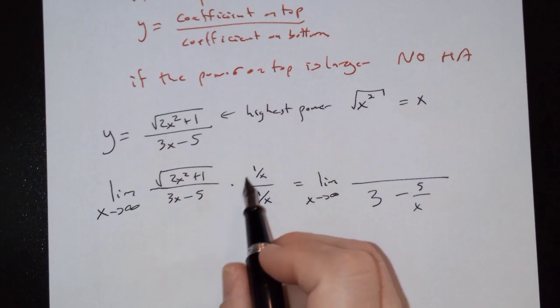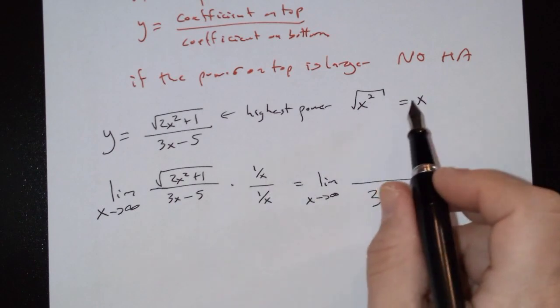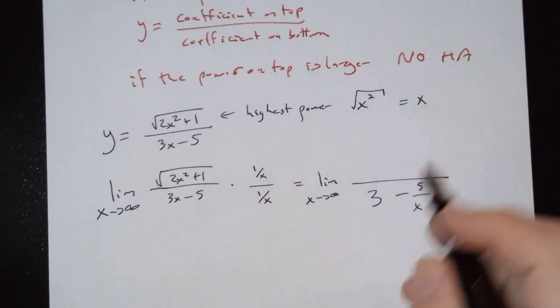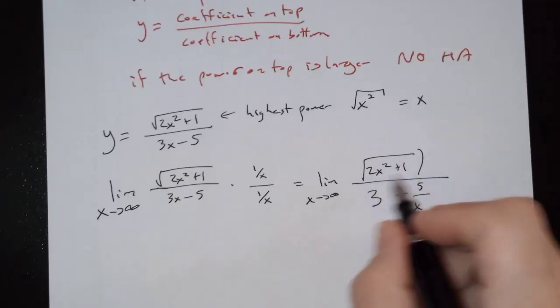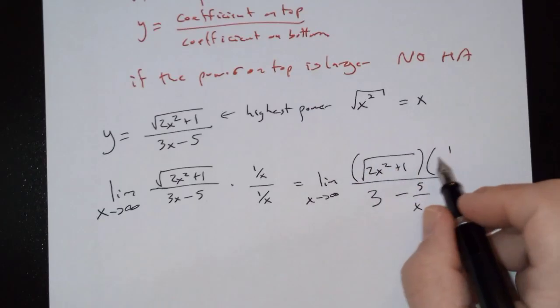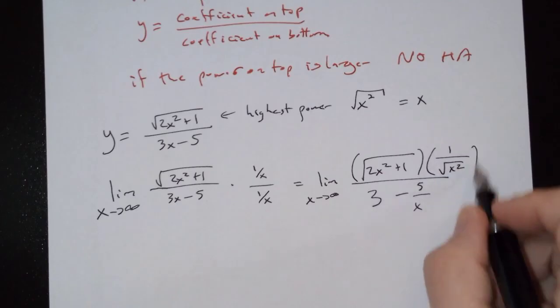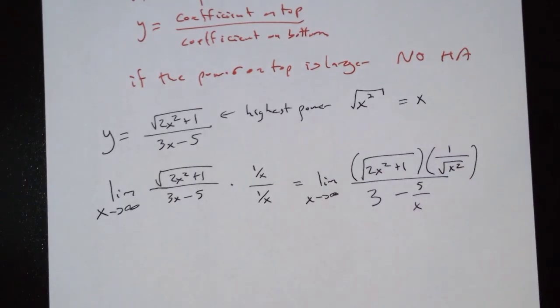But if this had a root, I could do that, couldn't I? Then I'd have a root over a root. That's just one big root. If I'm multiplying roots together, I can combine them. They just become one root.